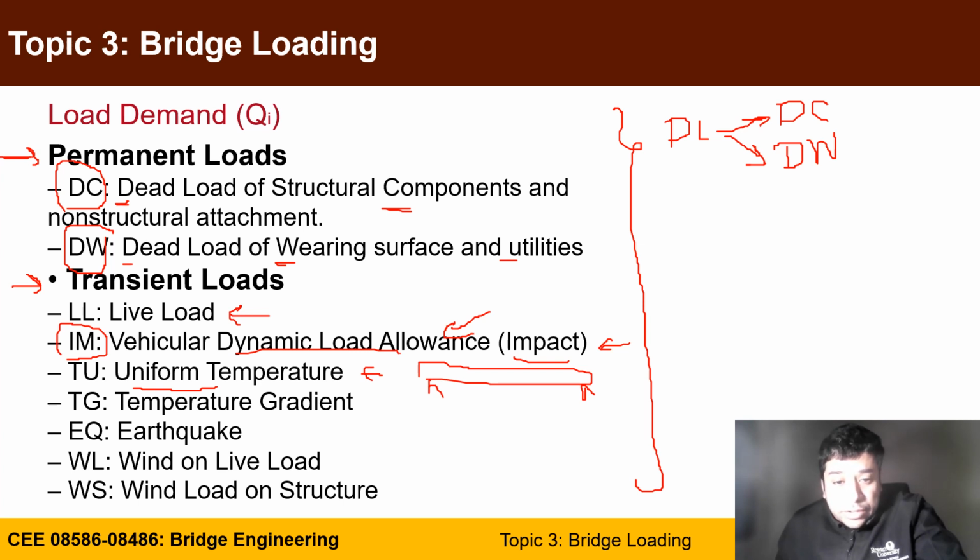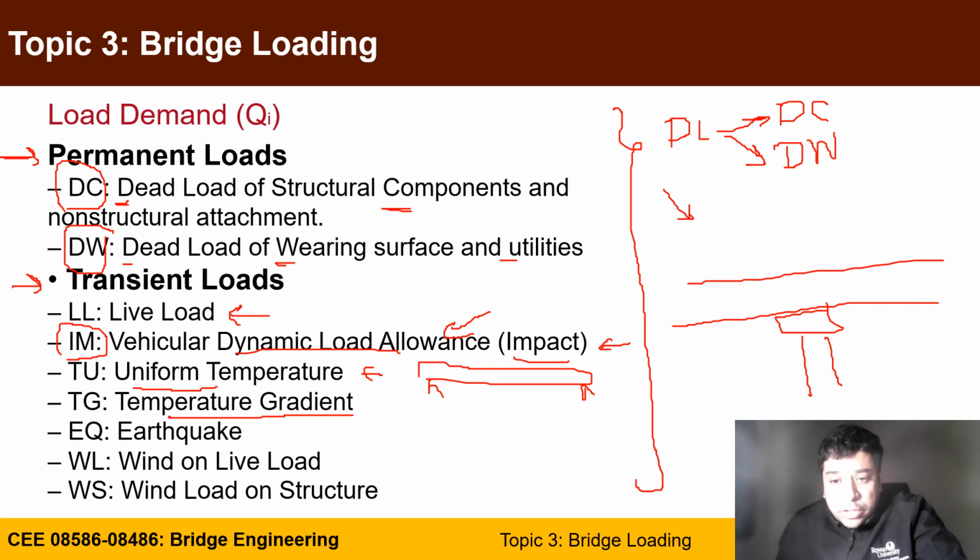You also have gradient temperature, TG. For example, this is your bridge superstructure and this is your bridge substructure. Usually the top of the girder is exposed to the sun while the bottom of the girder is kind of shielded from the sun.